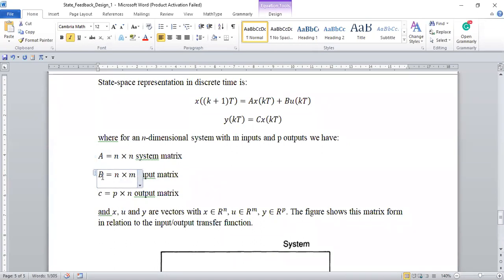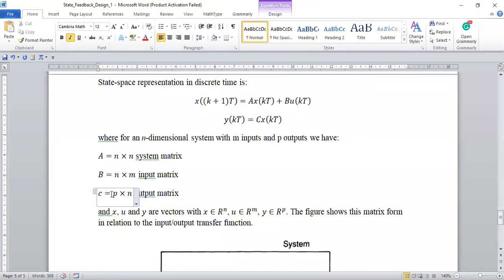Then the B matrix, the dimensions are n by m, where n is the number of states and m is the number of control inputs. So if you have just one control input and two states, the B matrix will be a 2 by 1 matrix.